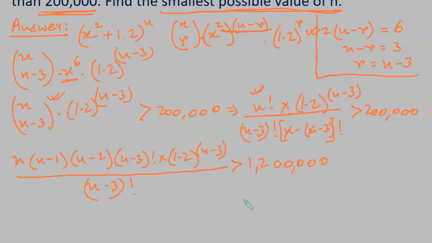And these two will be getting cancelled, and it will be n times n minus 1 times n minus 2 times 1.2 raised to the power of n minus 3 is greater than 1,200,000. So now we have to take up the calculator.